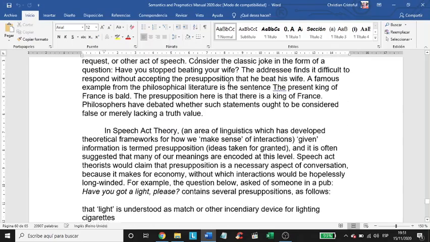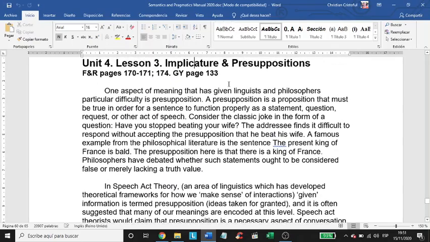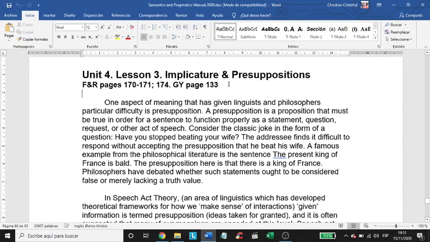It is very similar to entailment also. So implicature, presuppositions, entailment, almost the same thing. So if someone says, for example, would you like to have another beer? The word another reveals that this person has had a beer before. That is the presupposition.